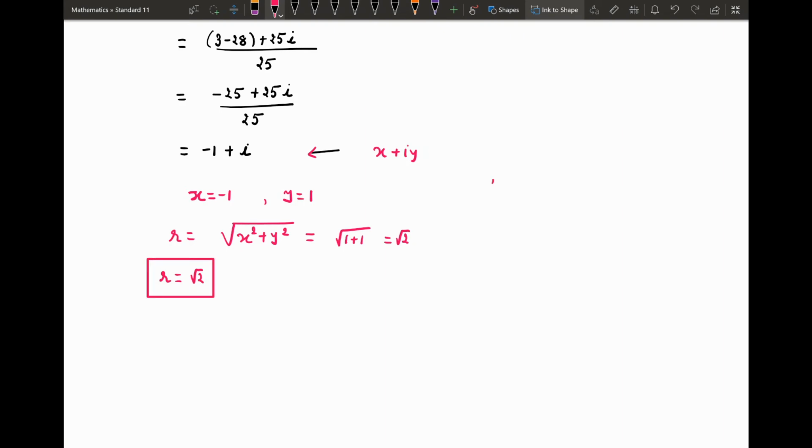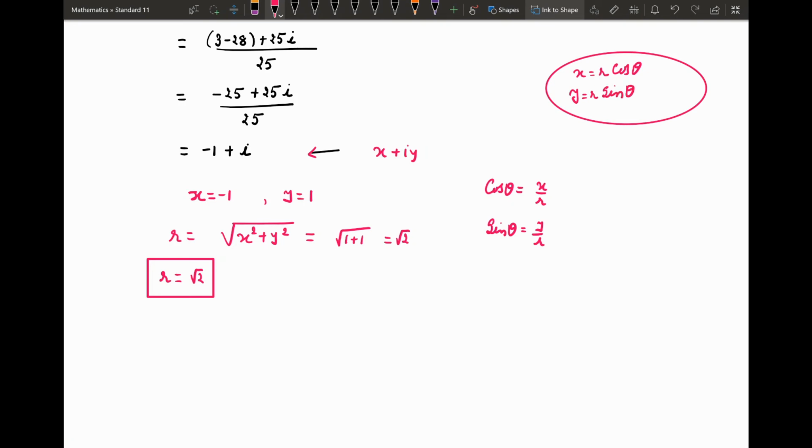Now cos theta is x by r, sin theta is y by r, using our standard equation x equal to r cos theta, y equal to r sin theta. Cos theta, x by r, so minus 1 upon root 2.